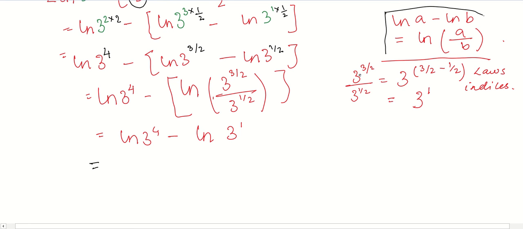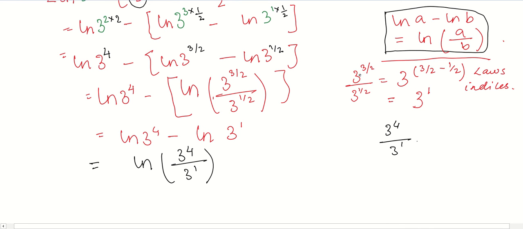This is the log rule only, right? So we have ln 3 raised to 4 minus ln 3 raised to 1. So we're going to write ln 3 raised to 4 divided by 3 raised to 1. We're going to do the same thing: 3 raised to 4 divided by 3 raised to 1 equals 3 raised to 4 minus 1, that's going to be equal to 3 raised to 3.